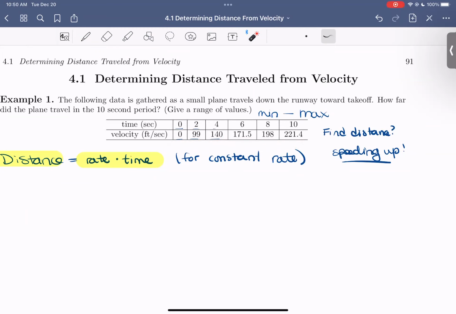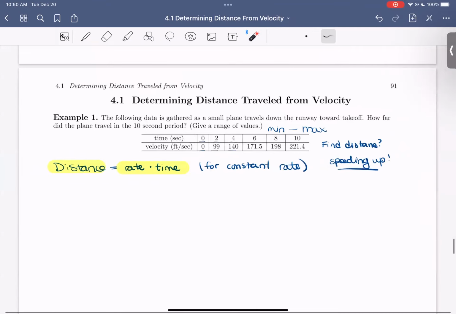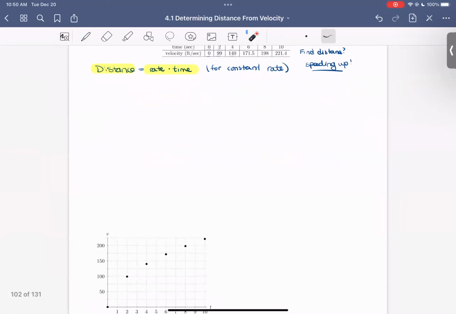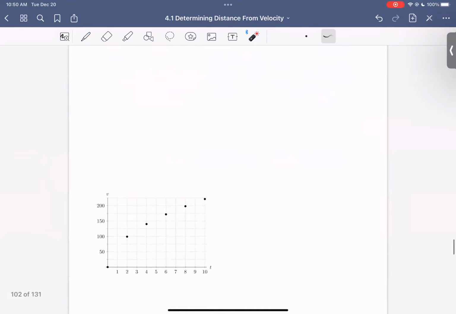We can do that by finding a minimum amount of feet traveled and a maximum amount of feet traveled. So let's take a look at this data graphically. So down here, I have an image of the graph of this data. You'll see here that along the horizontal axis, we have our time variable, and on the vertical axis, we have our velocity. So at 0, we've gotten 0 velocity.